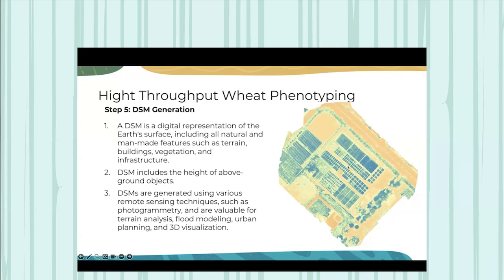You can see these are vegetation, and this is some kind of a building. So with the help of this, we can use different remote sensing and photogrammetry techniques in order to develop the 3D visualization of the field.